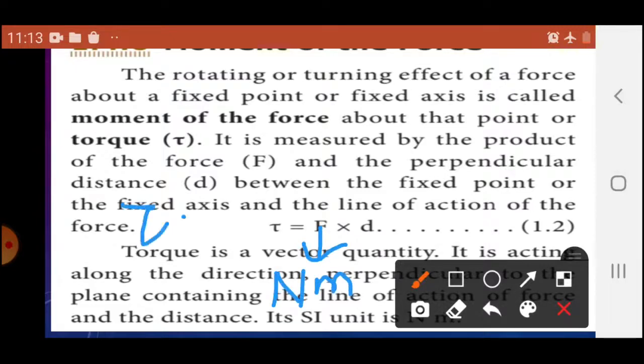So torque is equal to F into D. The product of force and perpendicular distance between the fixed point or fixed axis is nothing but moment of force or torque. Torque, T-O-R-Q-U-E, which is nothing but moment of force.